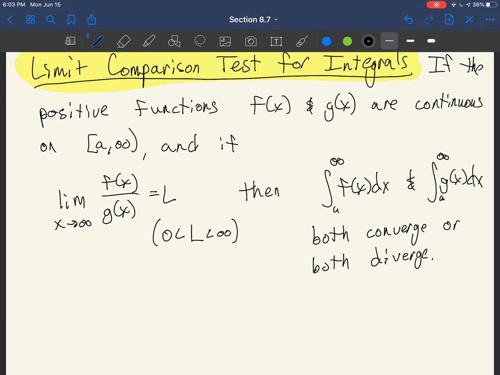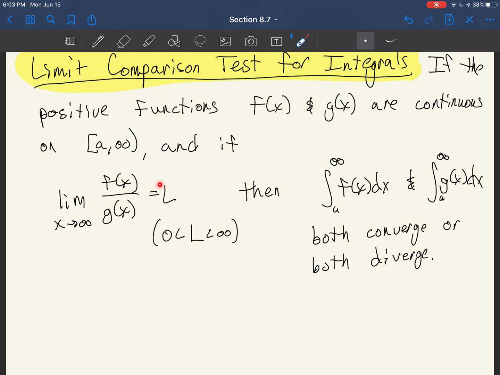Short little blurb as to why that's true. You saw with the pictures that the only thing that whether it converges or diverges cares about is the tail end. The fact that you can truncate the integral at some point, and then you have a finite integral that's going to be finite. We only care about the tail.